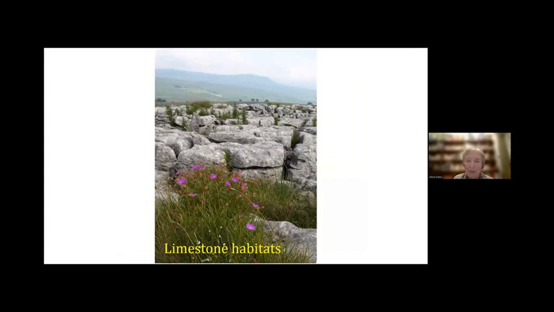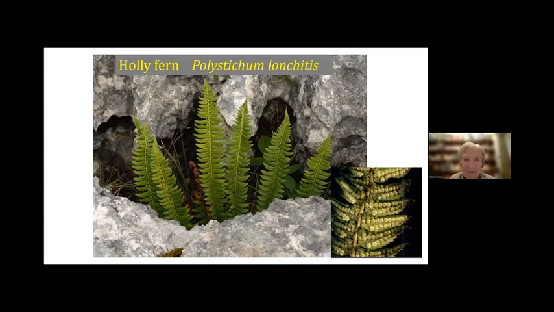Okay, now all of those that we've just looked at on walls are growing there because they like the mortar, and they also grow in limestone habitats. So you might recognise this is South House pavement. That's Ingleborough in the background, and a token flower, some geranium sanguineum, because we look at things other than ferns.